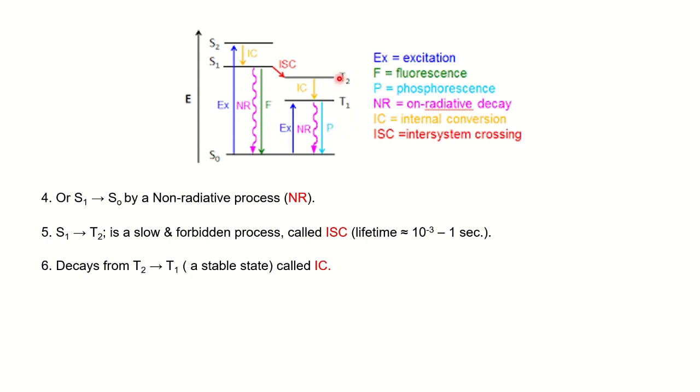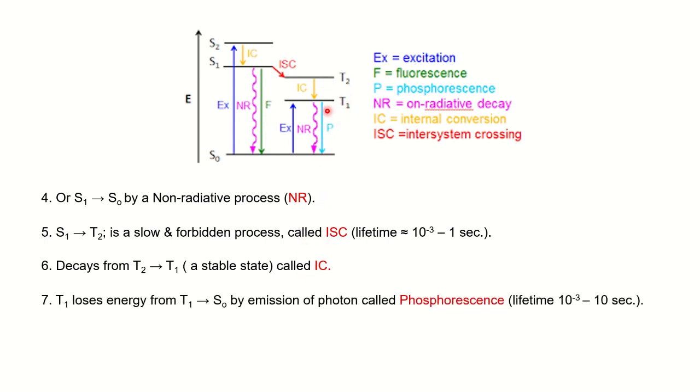Since the lifetime of T2 is less compared to the other triplet state, it will try to stabilize by releasing its excess energy and come to the most stable state, that is T1. So the transition from T2 to T1 is called internal conversion, IC.